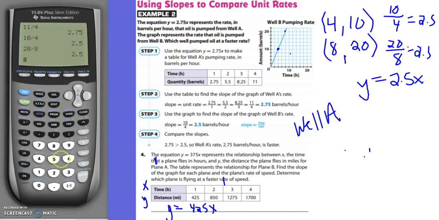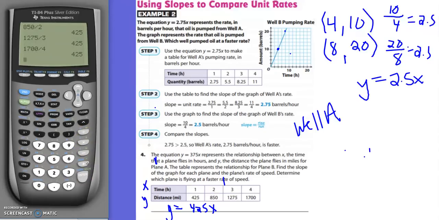If you did 850 divided by 2, you get 425. If you did 1,275 divided by 3, you get 425. And if you did 1,700 divided by 4, you get 425.